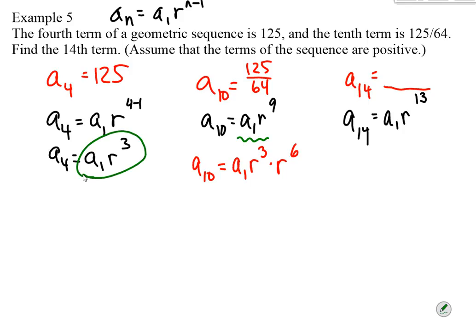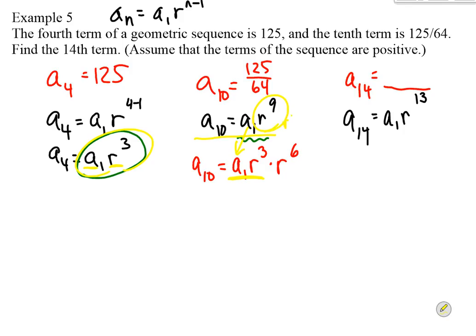The question was, why am I making it r to the 6th? Because a sub 10 is a sub 1 times r to the 9th, correct? And a sub 4 is a sub 1 r to the third. So I'm putting this a sub 1 r to the third in. It uses the a sub 1 and 3 of these 9 r factors.